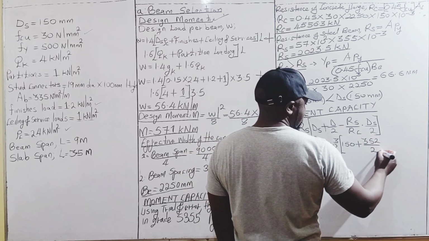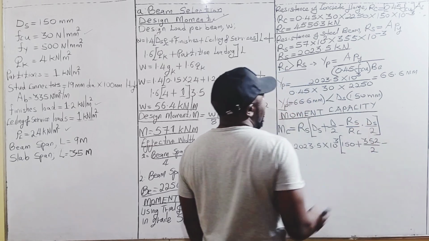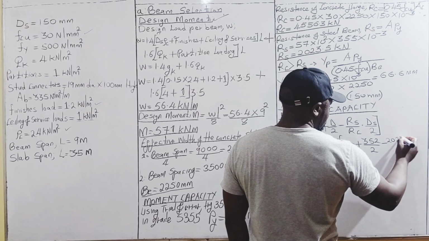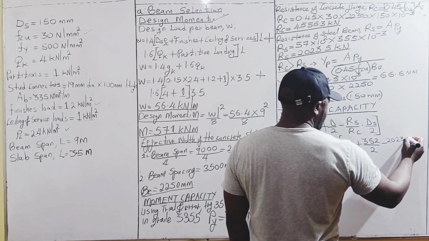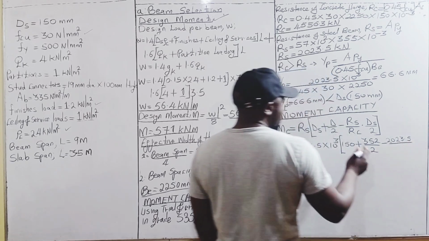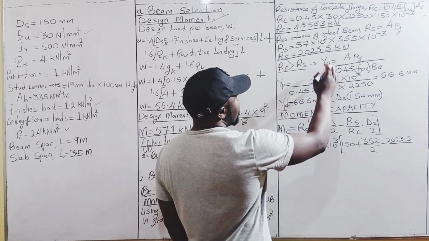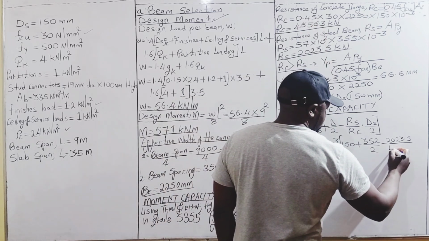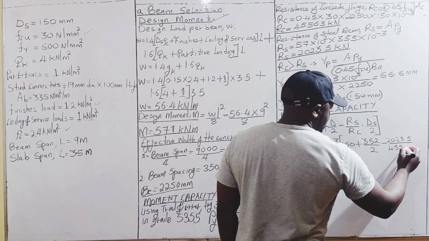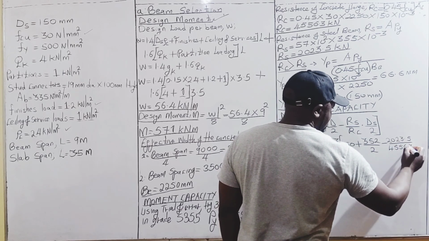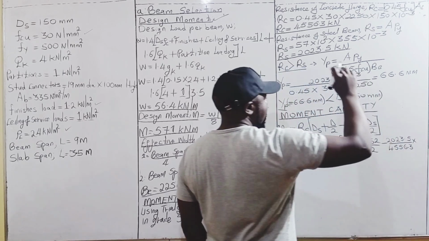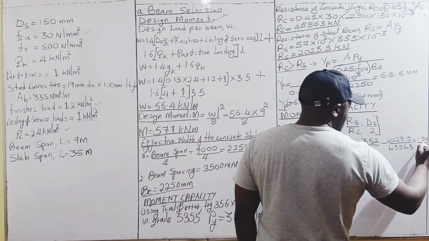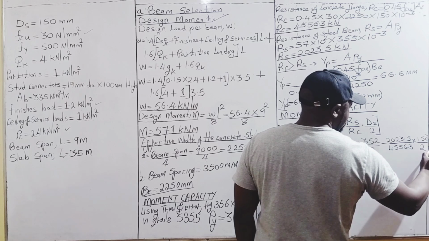We divide it by 2, minus Rs is 23.5 divided by Rc, which is 4556.3. Then you multiply this by Ds over 2, that is 150, divide this by 2.